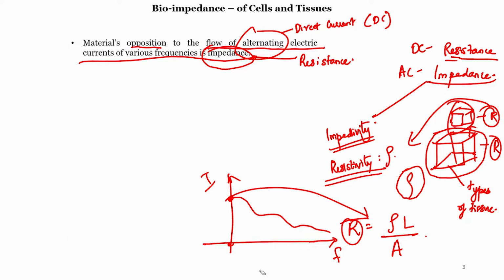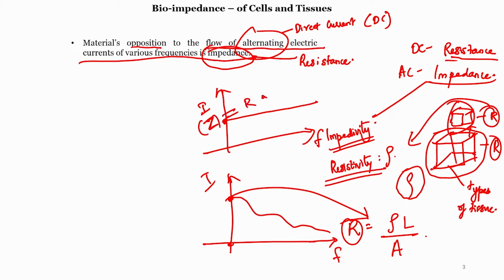Let us say I am taking a pure resistor and I am taking an impedance spectroscopy of it, my impedivity value will not have a relationship to frequency. So the impedivity for a purely resistive component will be a straight line, it does not depend on frequency, it has a constant value which is equal to the resistance or resistivity, depending on whether you are plotting impedance or impedivity here.